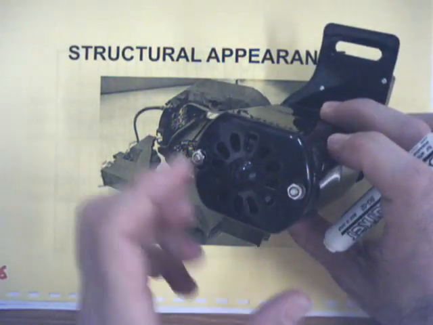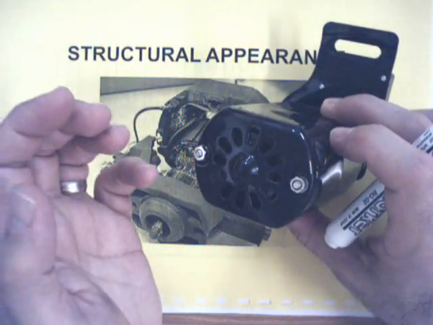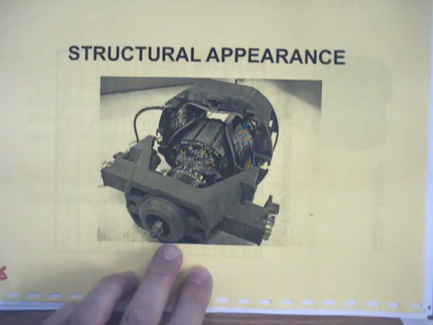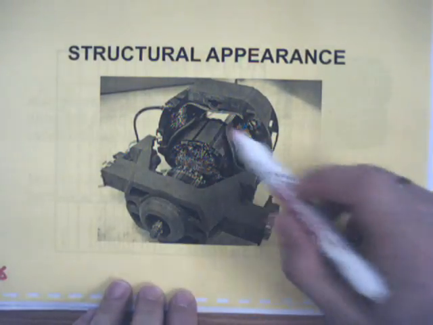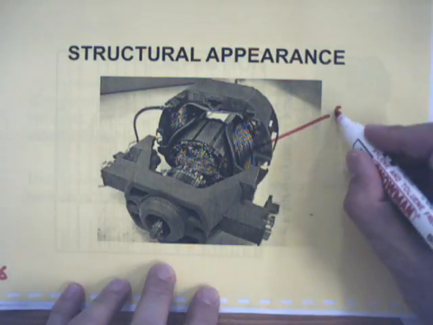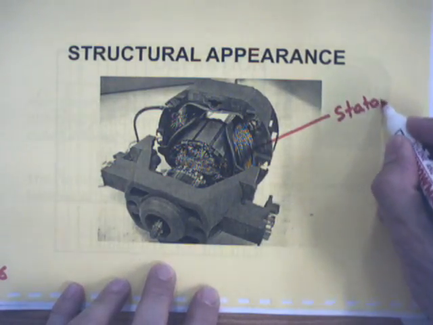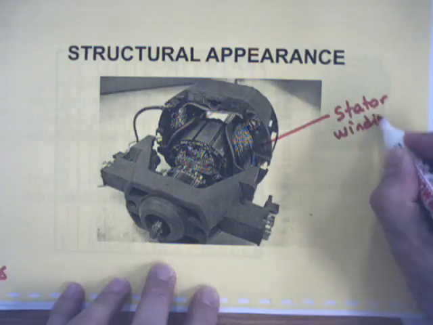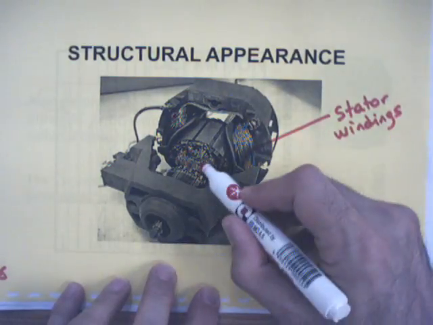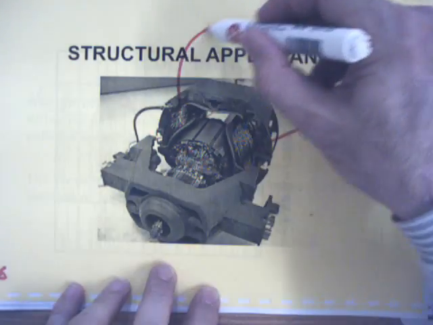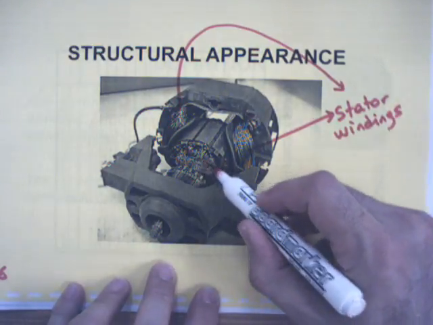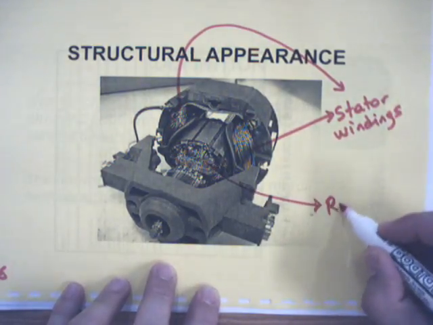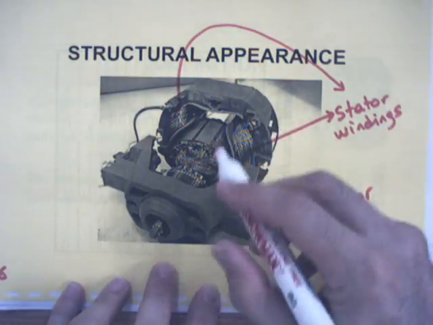If you remove those two screws, we can take this cap out and we will see a structure similar to that. And this is the shaft. These are the stator windings. And also this one is the other pole of the stator. And this is the rotor, so it rotates.